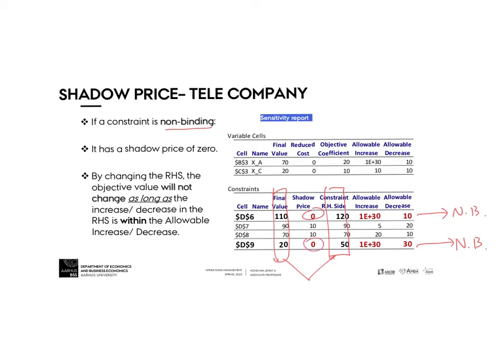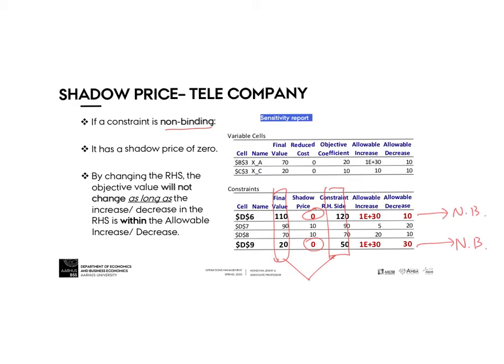Then you can see that if you change the right-hand side of these two constraints within the allowable increase or allowable decrease, the optimal solution will not be changed, will not be affected.